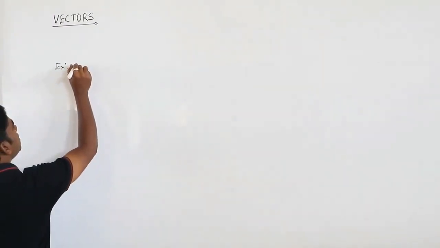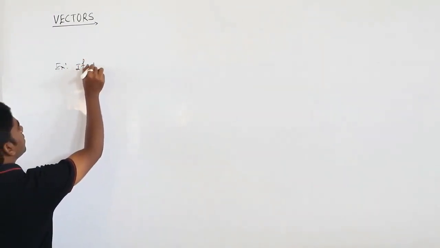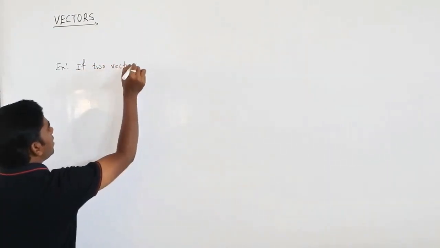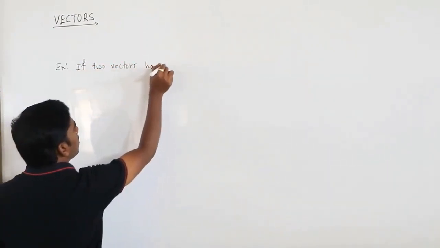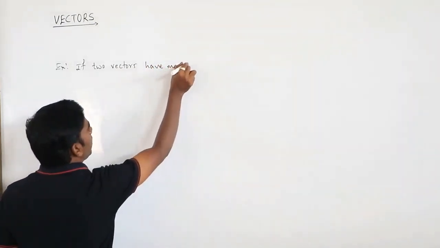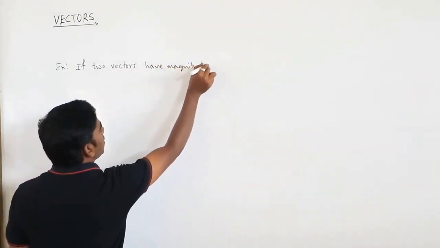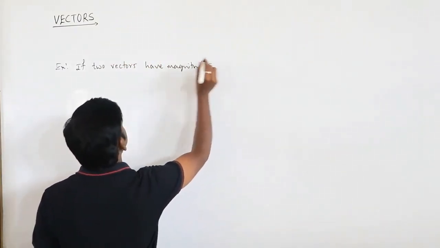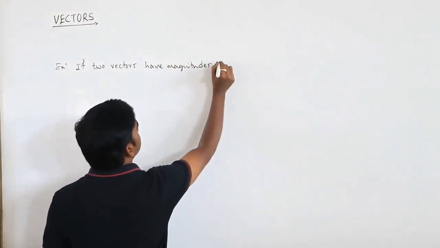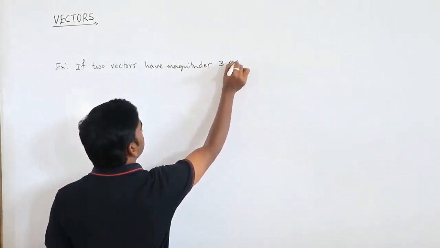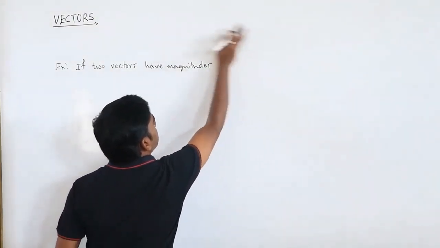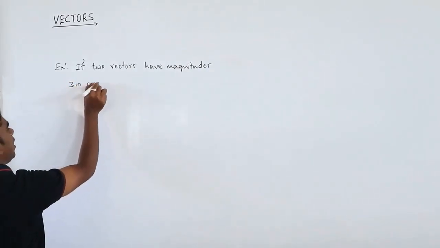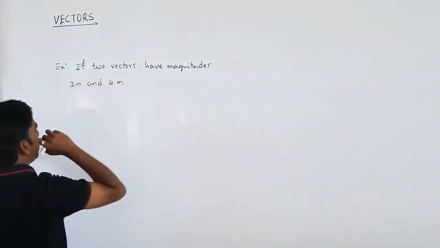Let me write. If two vectors have magnitudes, say 3 meter and 4 meter.